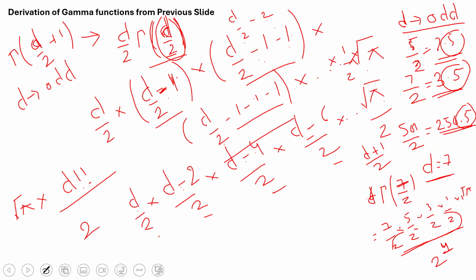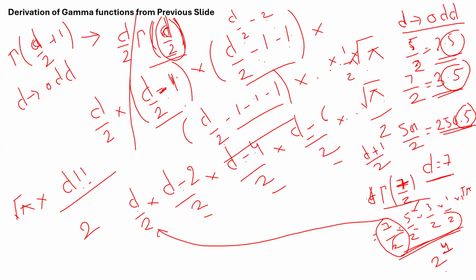Right? So this 7 by 2 is nothing but what I added for this D by 2. So gamma of 7 by 2 starts from 5 by 2, 3 by 2, 1 by 2. So including all of that will become 2 to the power of 4. Okay. Gamma of 7 by 2 is nothing but 7 minus 1 by 2. It starts from here. Gamma of D by 2 starts from this one.